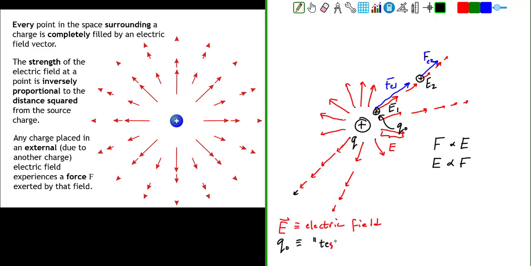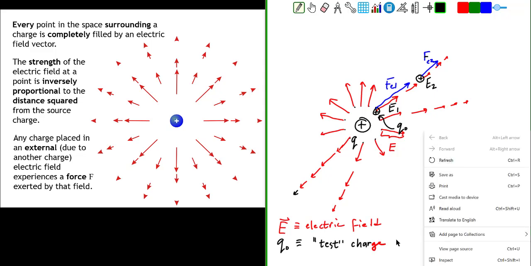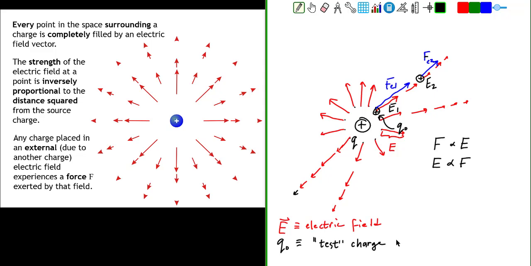The reason why I'm calling it a test charge is we're going to use a very, very tiny positive charge to probe the electric field in the space around any area we're interested in. By convention, we call this a test charge, and this test charge is just a very small positive charge.